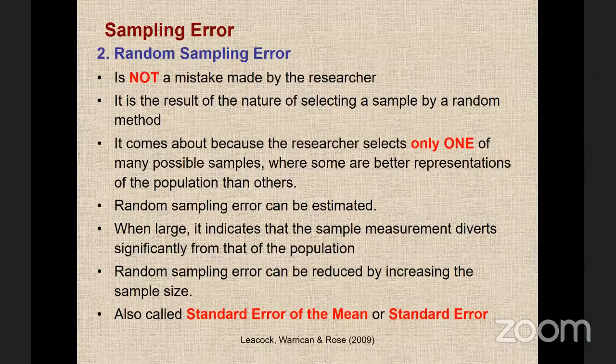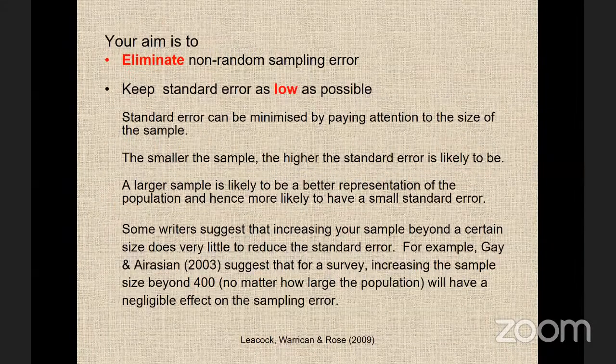And the larger the sample size, the smaller the random sampling error. And there's a whole statistics about it. What I like about this particular paper is that for a survey, we don't ever need to go beyond 400 because it will have no further effect on the sampling error. So at least you know that you usually never need a survey beyond 400.